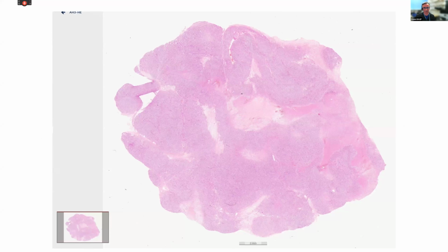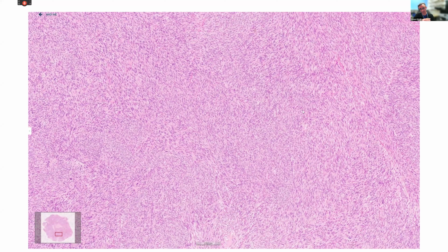So we've got a low power image, a well-defined tumor, some cellular areas, perhaps a bit more of an edematous area in the center, with clear evidence, even at low power, of necrosis at the right side of the screen. Medium power, interlacing fascicles, some perpendicular to the plane of section, some parallel.